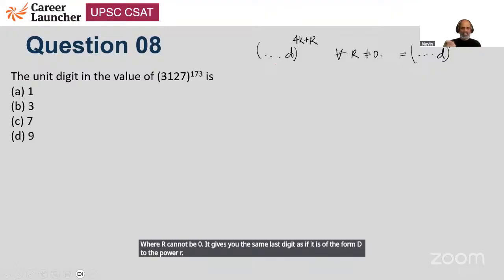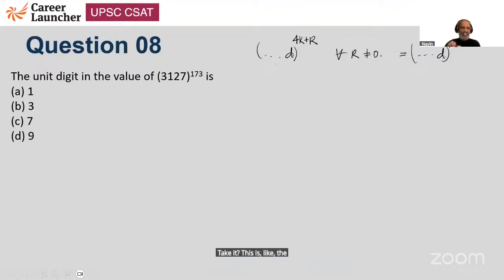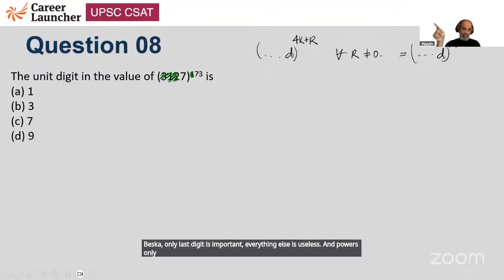This is the standard scientific way of writing it. What it actually means is you should only pay attention to the last digit of the base, and only the last two digits of the power. For the base, only the last digit is important, everything else is useless. And for powers, only the last two digits are important.